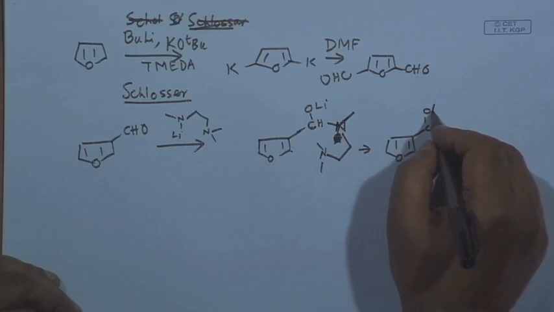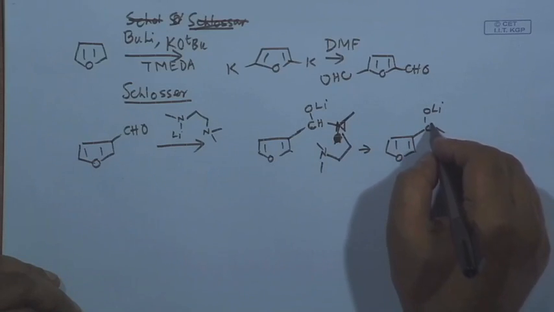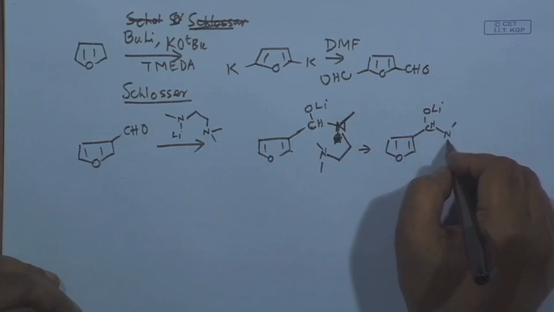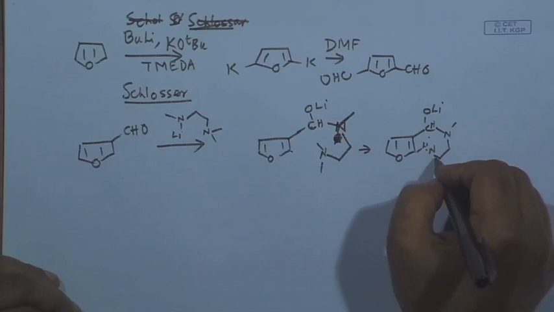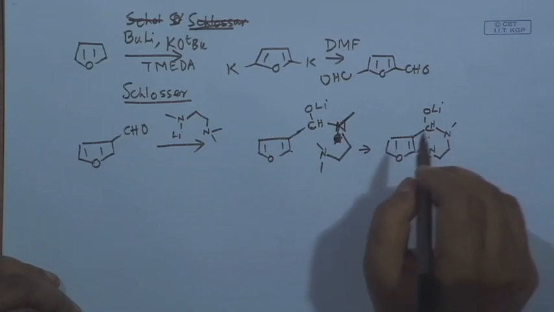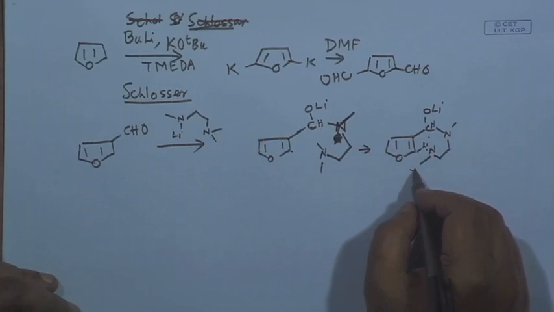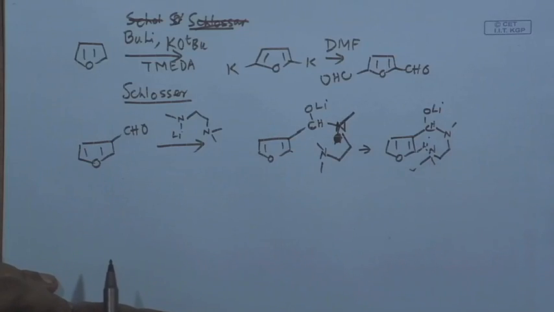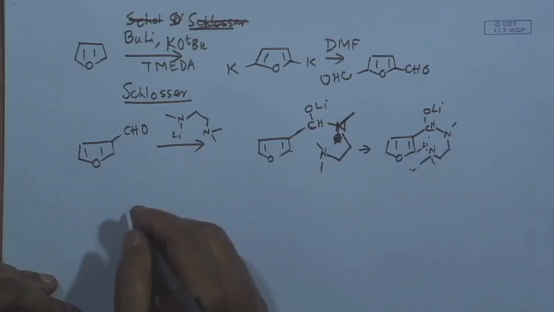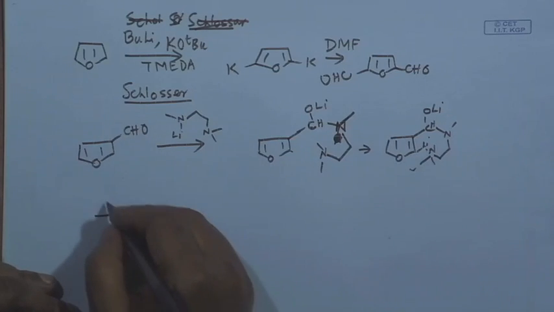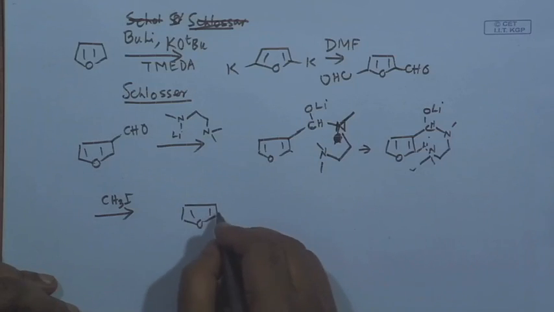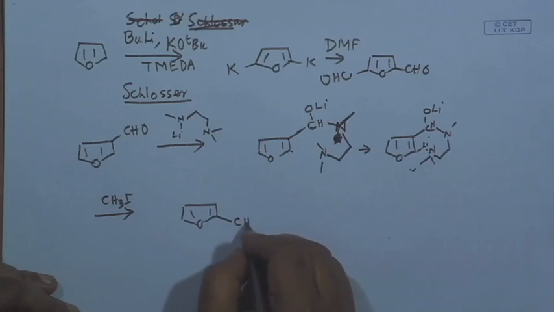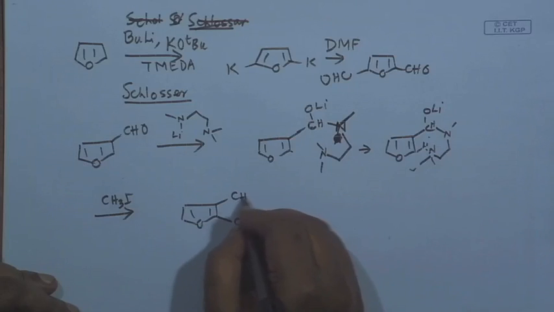The result is a sort of intramolecularly coordinated, or chelated, lithium species. If you trap this with methyl iodide, you get the methylated product and the aldehyde.